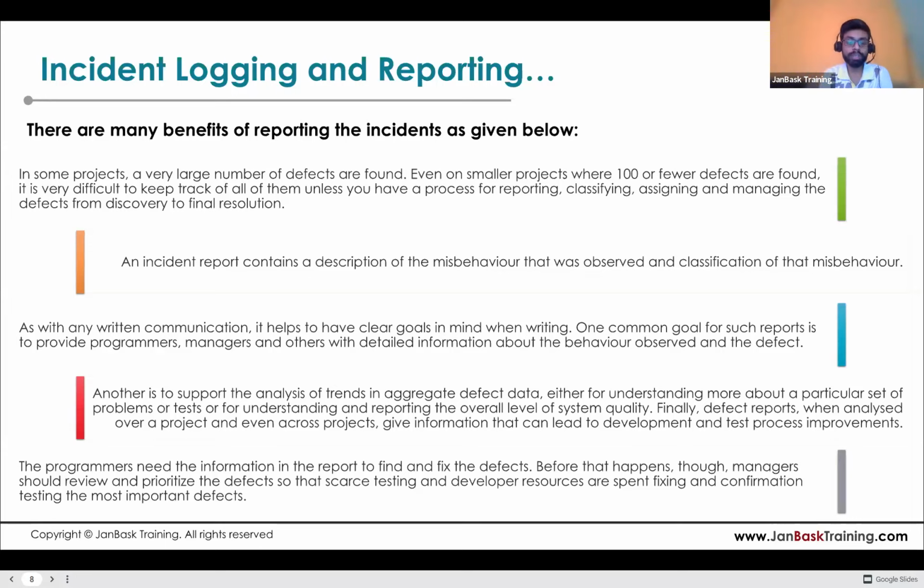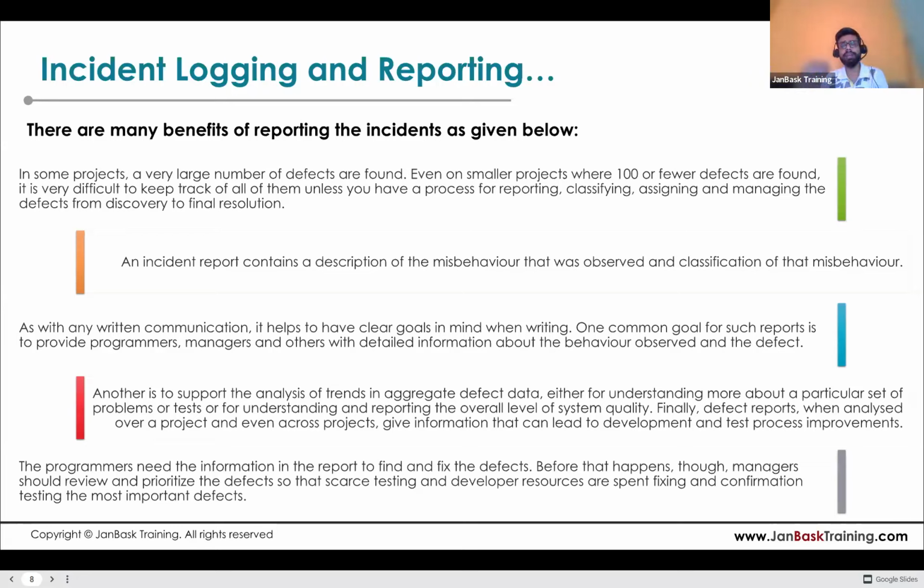An incident report contains a description of the misbehavior that was observed and classification of that misbehavior. As with any written communication, it helps to have clear goals in mind when writing. One common goal for such reports is to provide programmers, managers, and others with detailed information about the behavior observed and the defect.